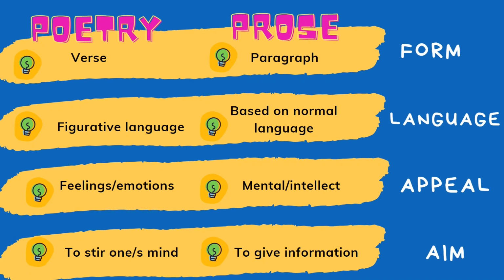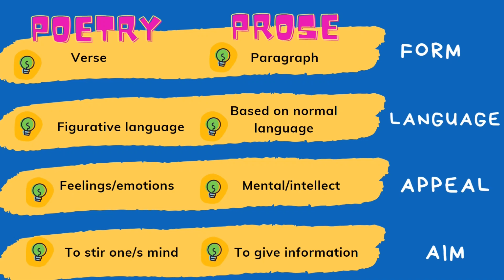Poetry and prose have differences in terms of form, language, appeal, and aim. Poetry is written in verse form, while prose is written in paragraphs. In terms of language, poetry uses figurative language, while prose uses normal language.